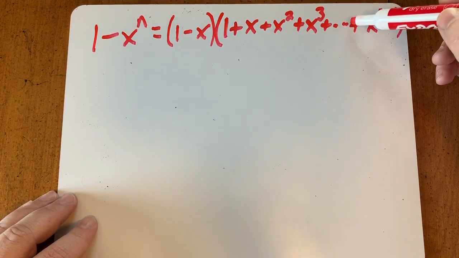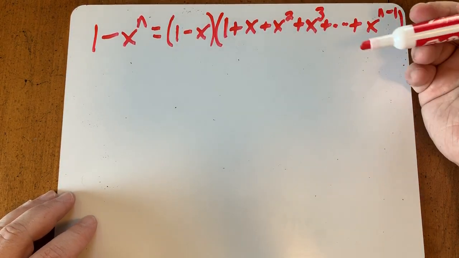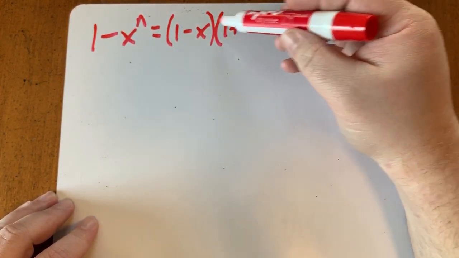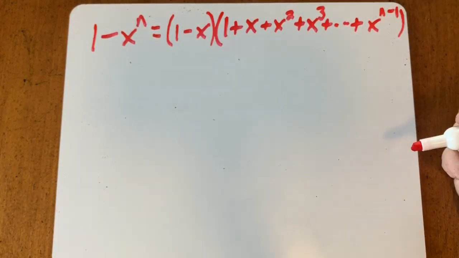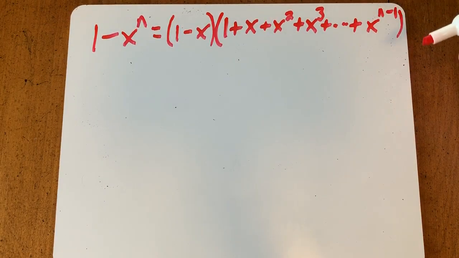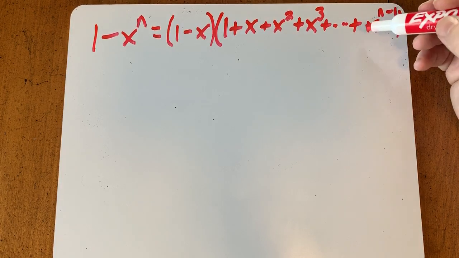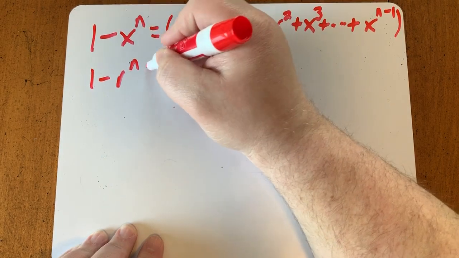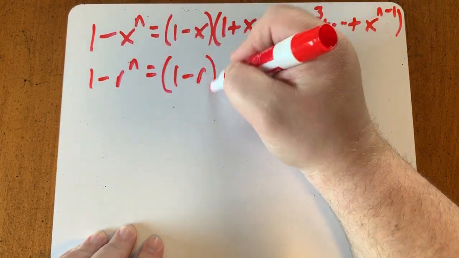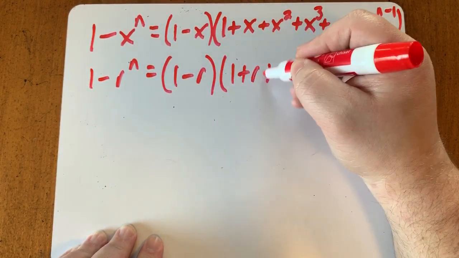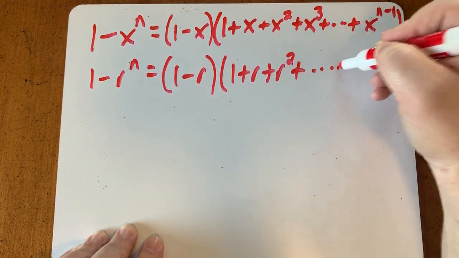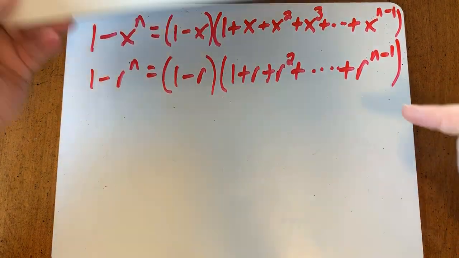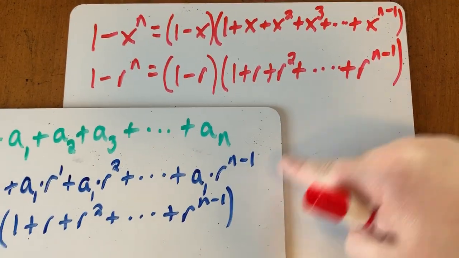So everything in the middle, all of those would counteract with each other to subtract to 0, leaving us just 1 minus x to the n. Wait a minute, that looks really familiar. What if we changed out the x's with r's? 1 minus r to the n equals 1 minus r times 1 plus r plus r squared plus up to r to the n minus 1. Hey, look at that, they match up.